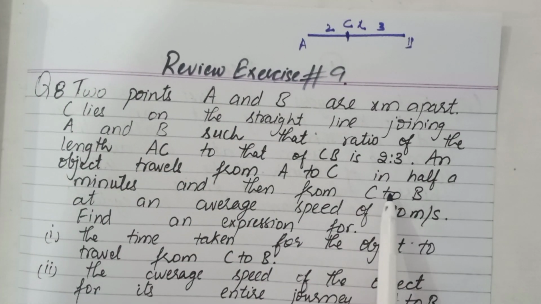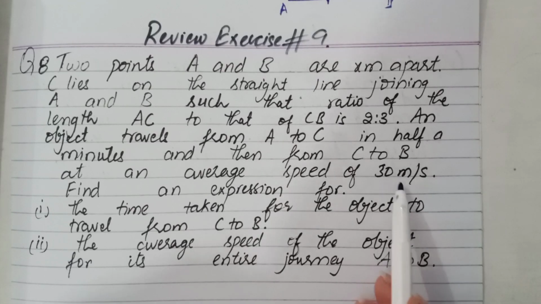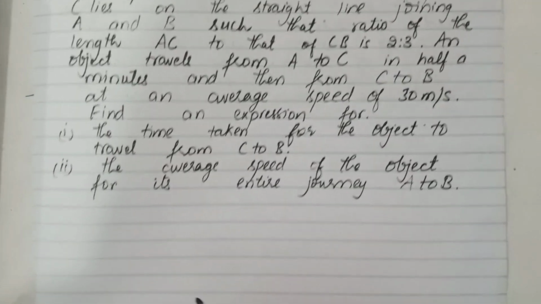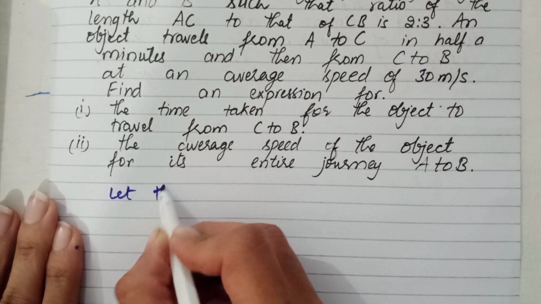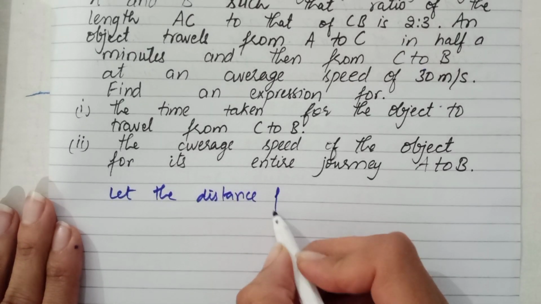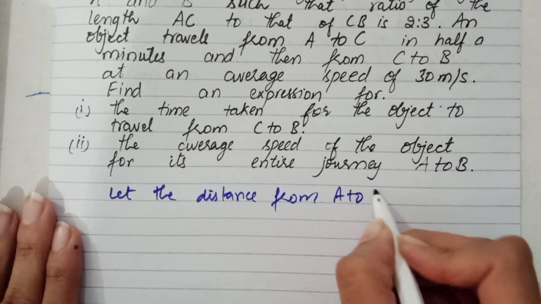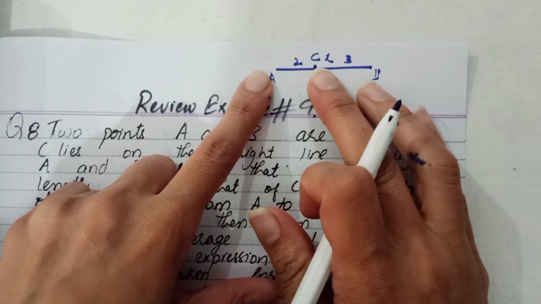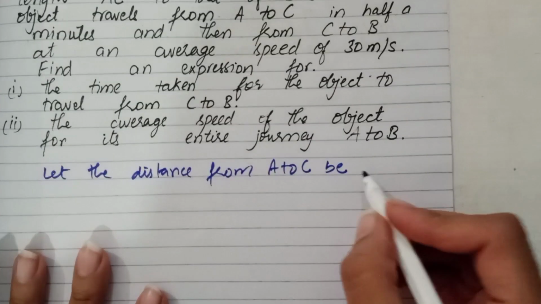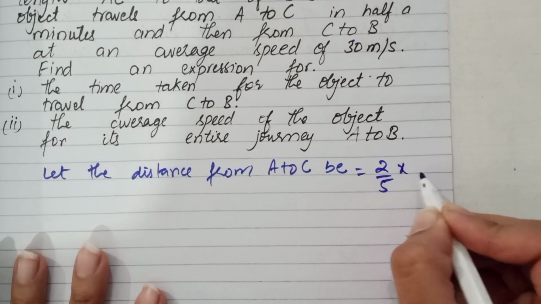From C to B, the average speed is given, which is 30 meters per second. First we let the distance from A to C be in ratio 2, and the total is 5: 1, 2, 3, 4, 5, and we write it like that, 2 by 5x.